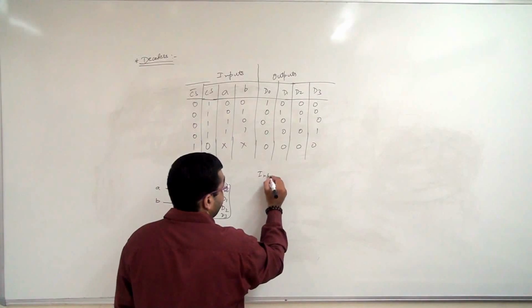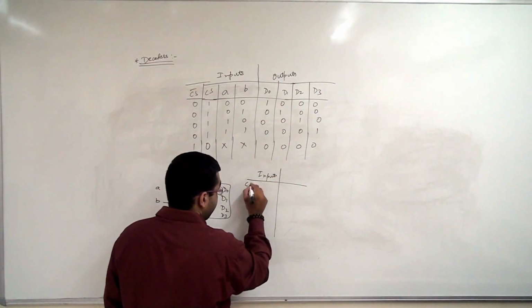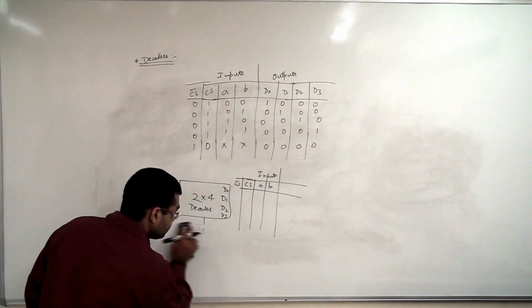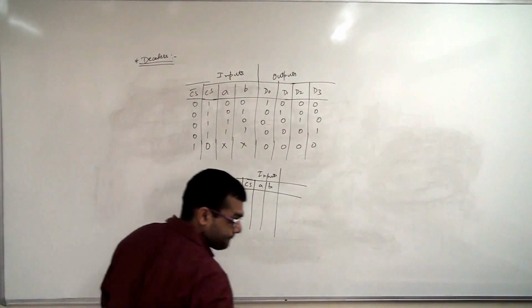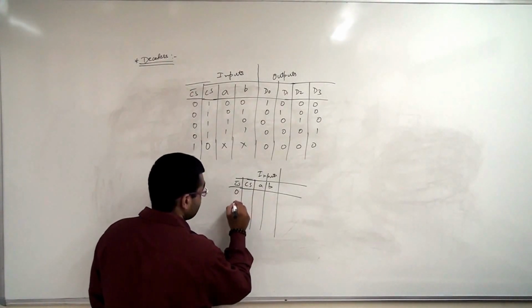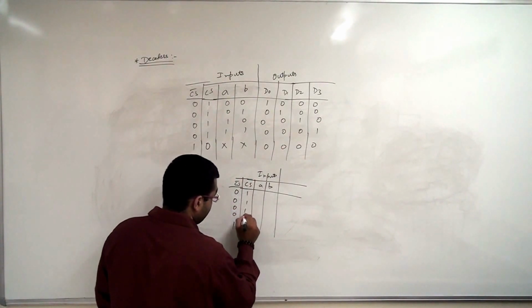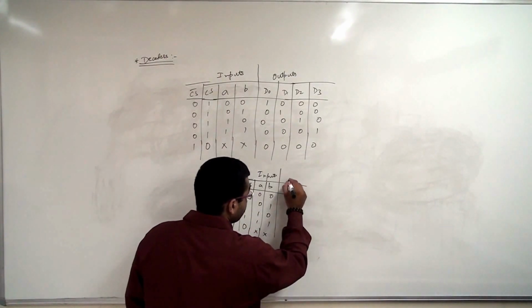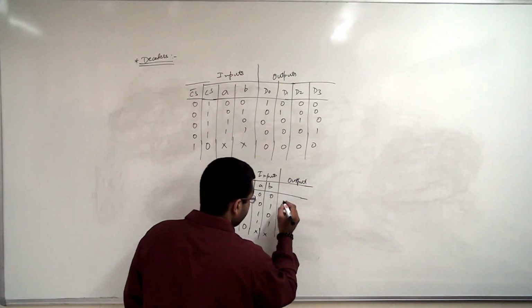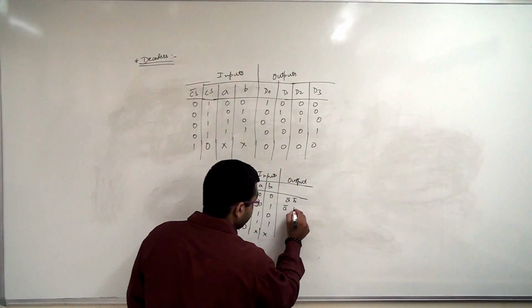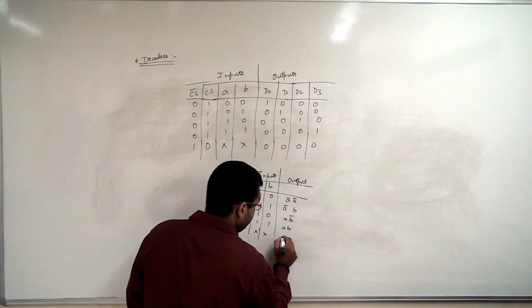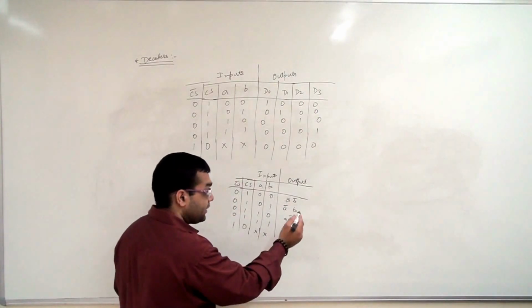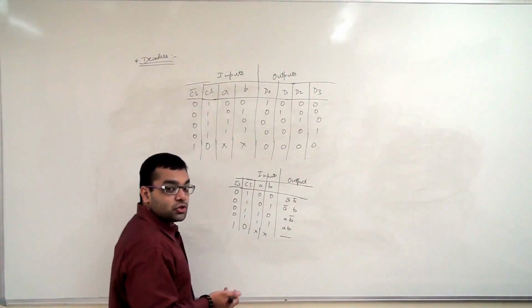So that means our system is actually generating the minterms, A bar B bar, A bar B, A B bar and AB. And the last one is not defined.